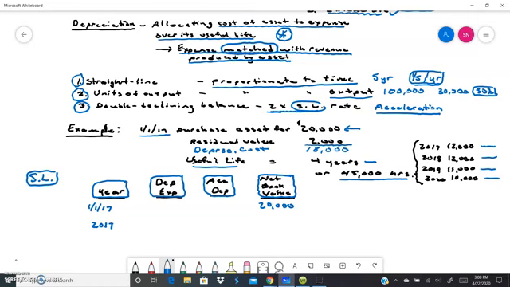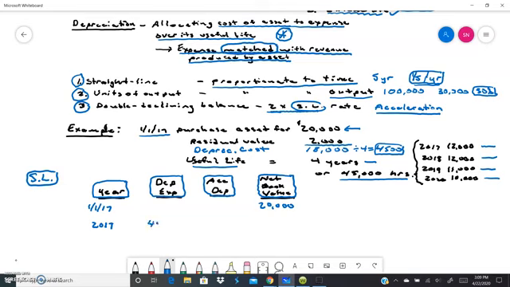So we're going to take $18,000 and divide that by 4. And we're going to come up with $4,500 per year. Remember, we're only going to depreciate $18,000 over the 4 years. We're going to do each year 1/4. Since it's 4 years, 1/4 of the $18,000, that's going to give us $4,500.